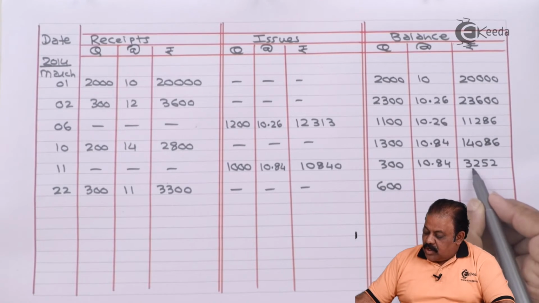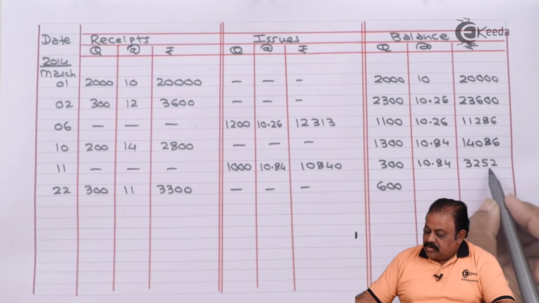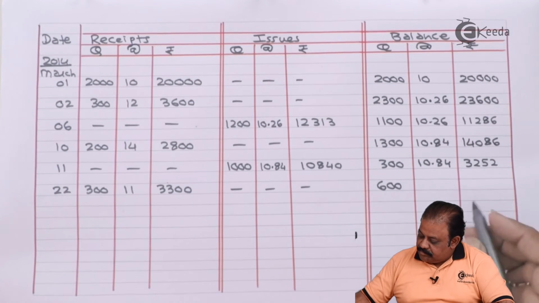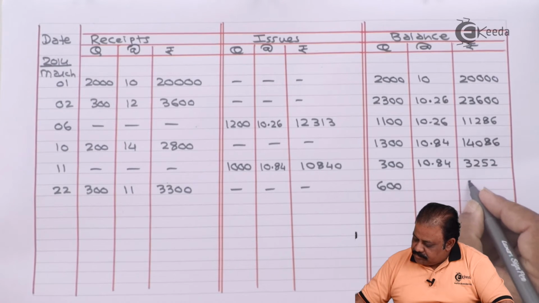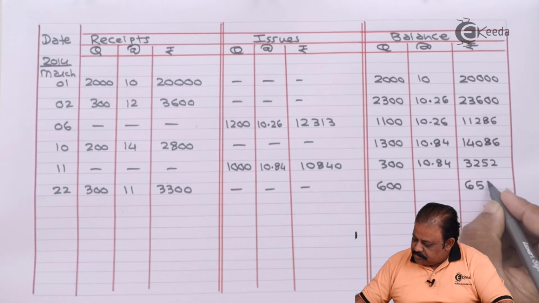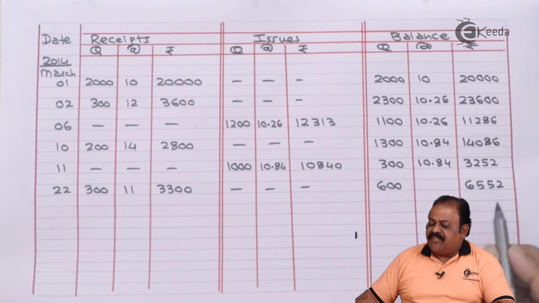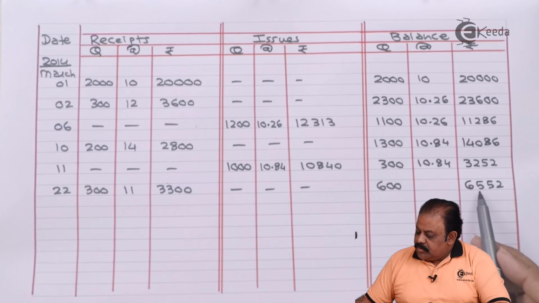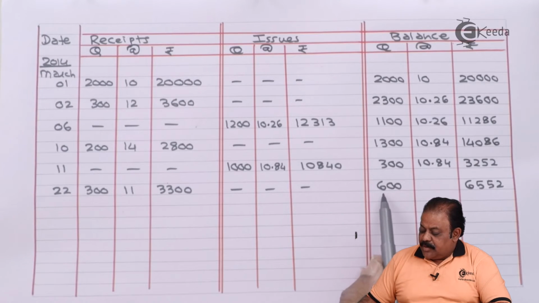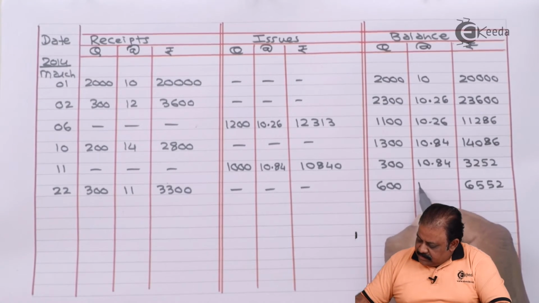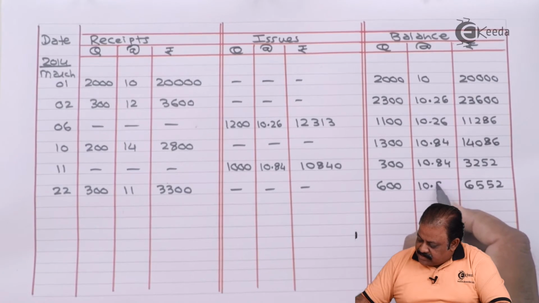Value 3,252. To this we will be adding this 3,300. So it will be 6,552. To this we will be dividing by 600 units to arrive at per unit, that is 10 rupees 92 paise.